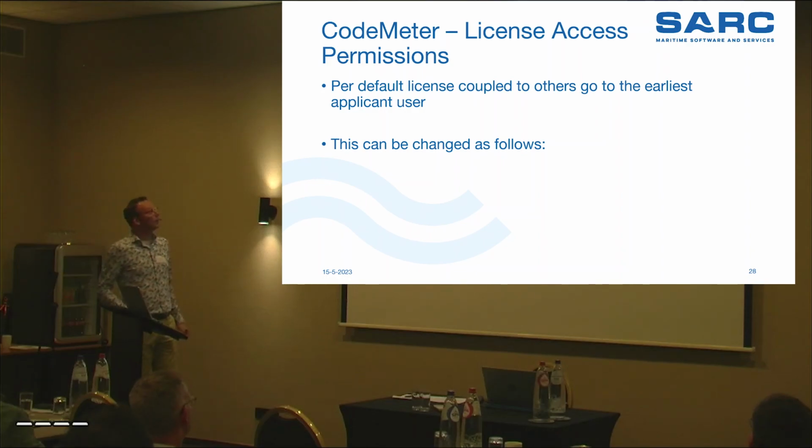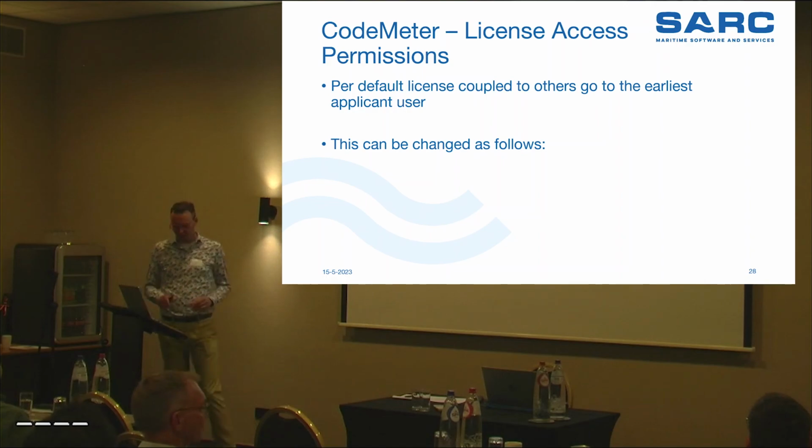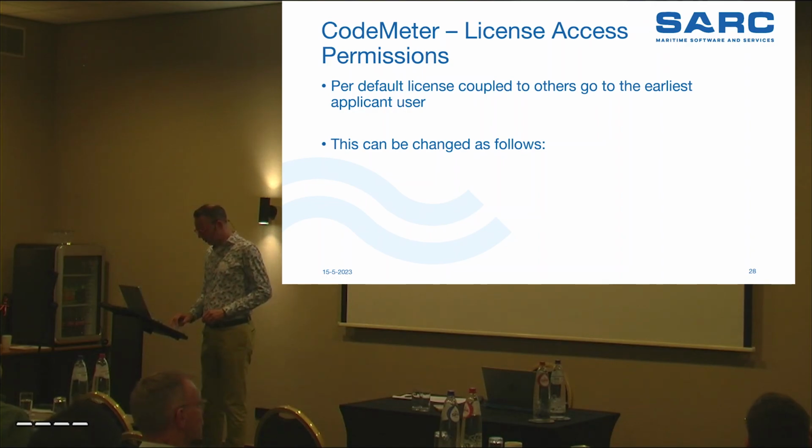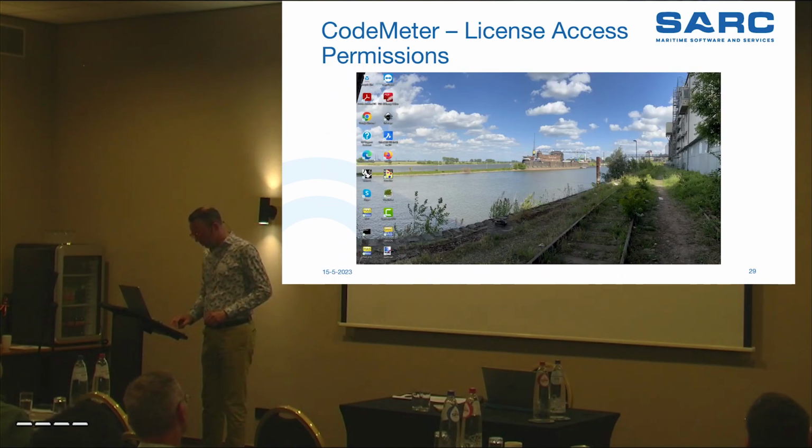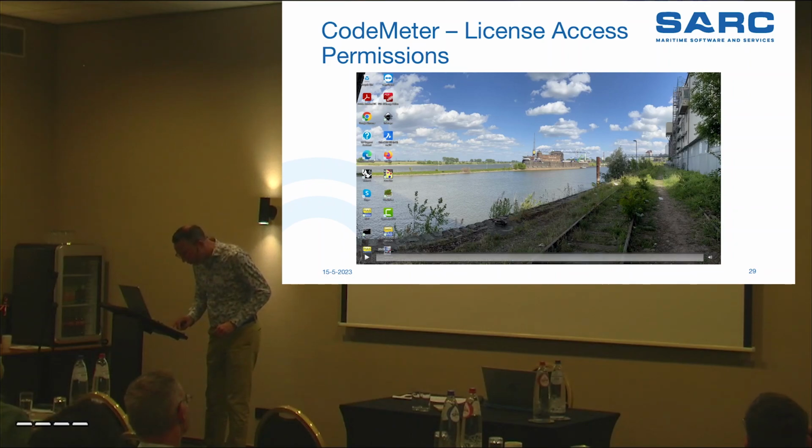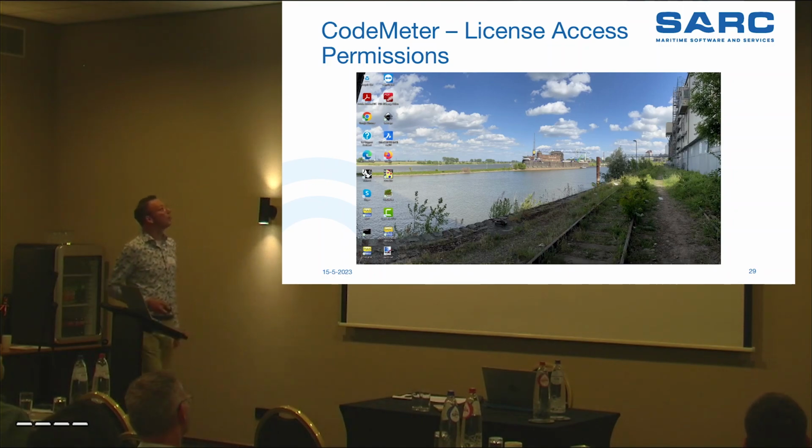Then one can choose rights for the users that should use this license. And I also made a video showing how that can be set. So we start with the nice scenery of the port of Krefeld.